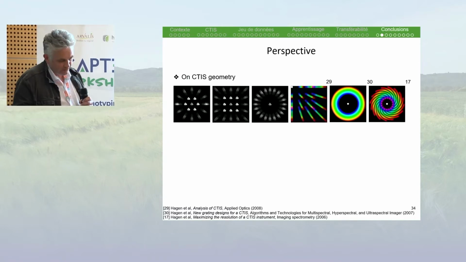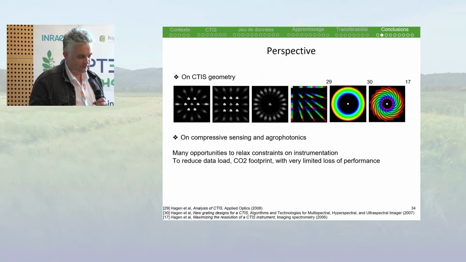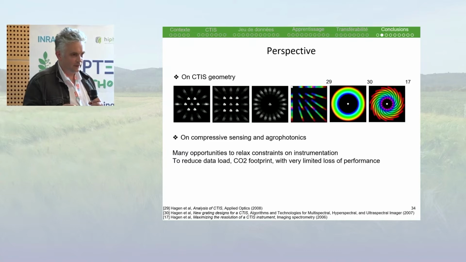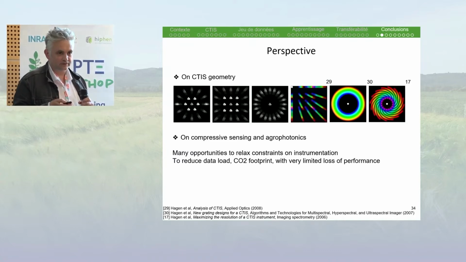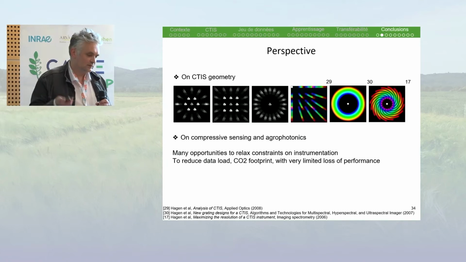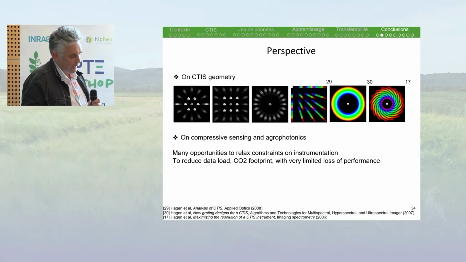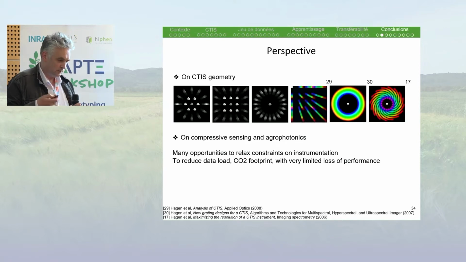My more general comment is that I believe compressive sensing offers a lot of opportunities to develop new sensors in agrophotonics, to relax constraints on the instrumentation, and to reduce the data load and the CO2 footprint, with very limited loss of performance, as I demonstrated today with only one example on this low-cost hyperspectral imaging, because it comes for the cost of a simple Raspberry.